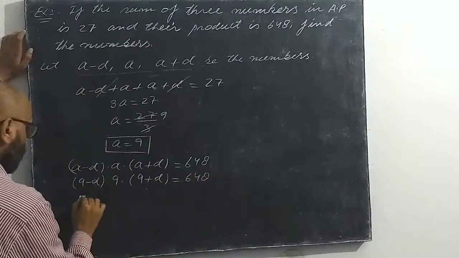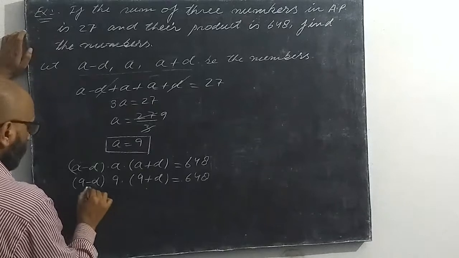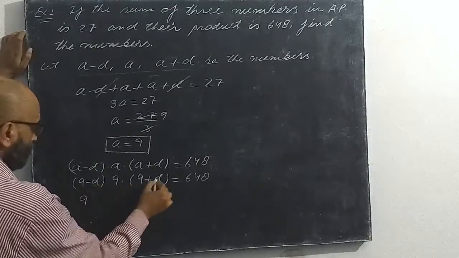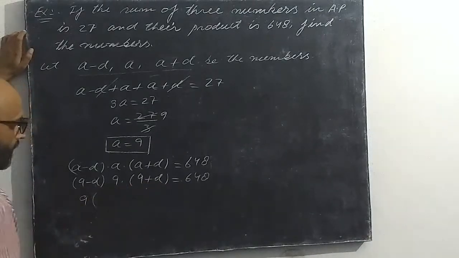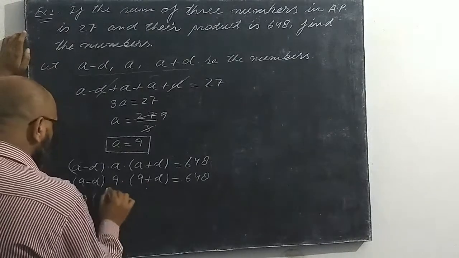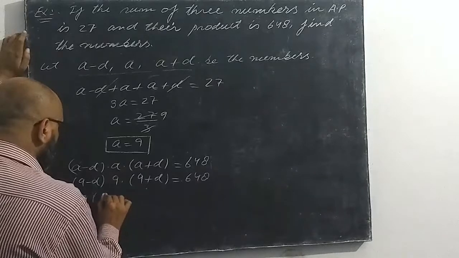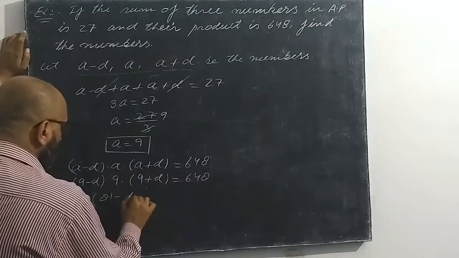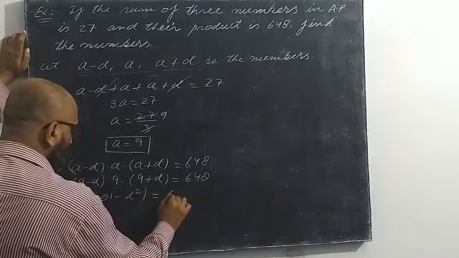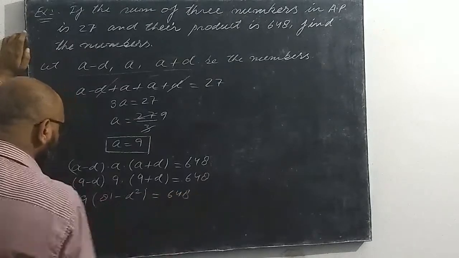So we may write it as 9 as constant coefficient, and 9 minus d, 9 plus d, that means we may use the formula a plus b, a minus b is equal to a square minus b square. So we may write it as 9 square, that is 81 minus d square, is equal to 648.